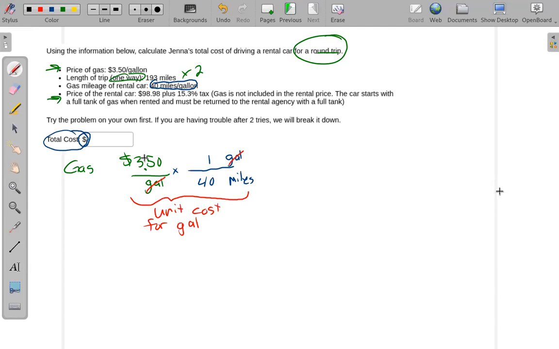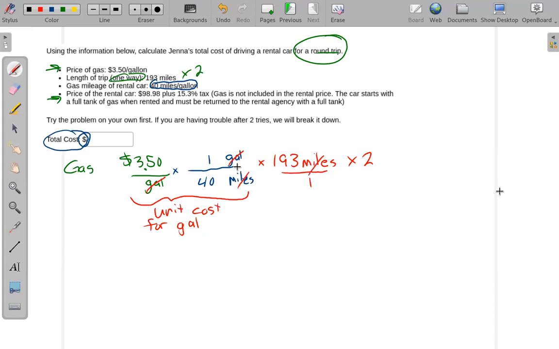If we make that calculation, 3.50 over 40. Now I'm going to keep going here. I'm going to use the miles next. So next I'm going to multiply that by 193 miles. And then keep in mind, that's one way. I need the round trip, so I also need to double that. And I have miles in the denominator. You could view that as over 1. Miles in the bottom cancels with miles in the top.